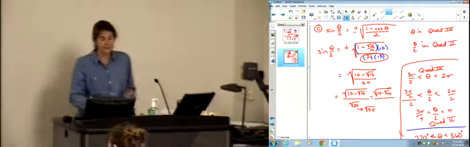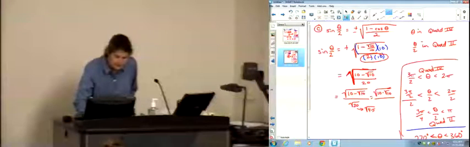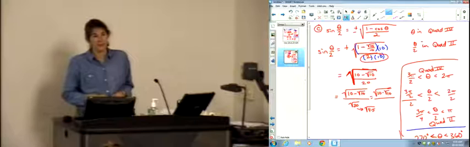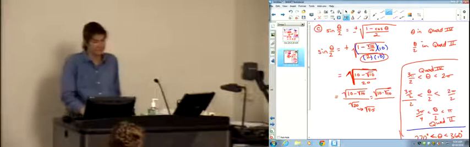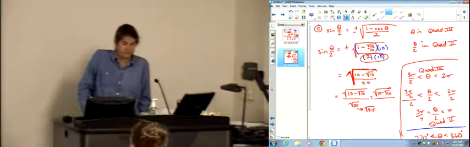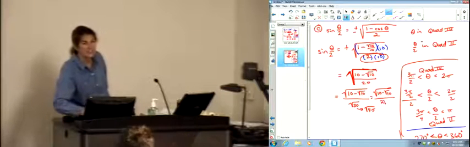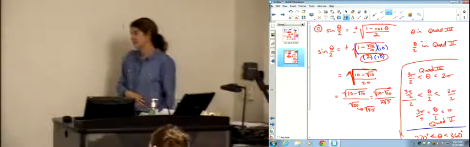But everything's under the radical here, so now I'm splitting it apart, okay? The square root of the numerator and the square root of the denominator. 2 square root of 5, right. Because the square root of 4 is 2, square root of 5 we can't do.